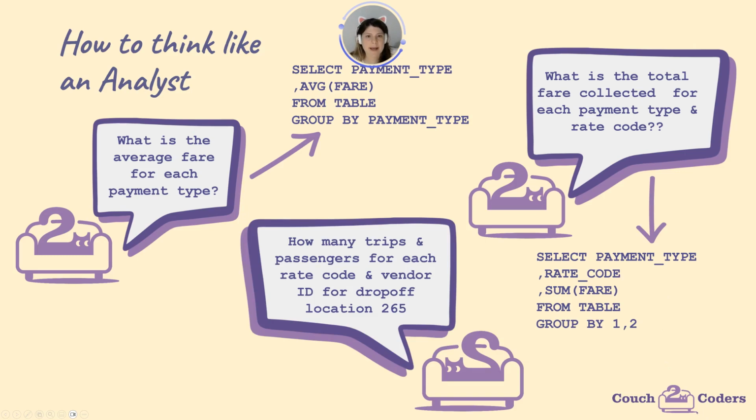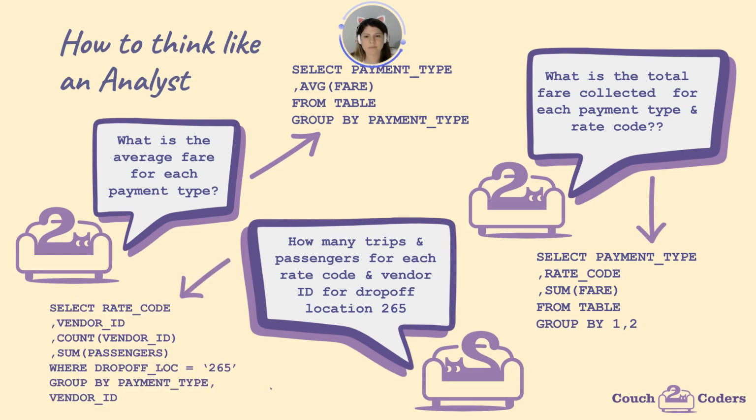How many trips and passengers for each rate code and vendor ID for drop-off location 265? So for this one, it's a little bit trickier than the others. So the first thing you want to do is we see, okay, so we want it for each rate code and vendor ID. So we're going to have rate code and vendor ID. This is what's going to be grouped by.